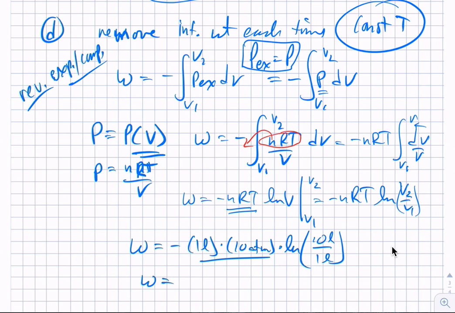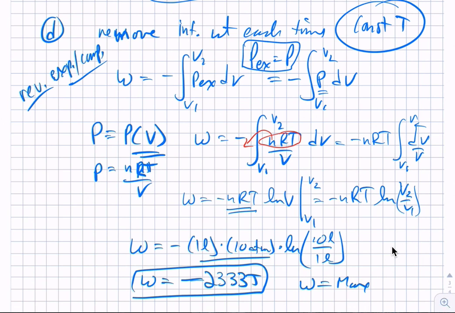And the work we get when we do this calculation is minus 2,333 joules. This is the maximum work you can get out of an expansion of a gas in a cylinder like this. So work is the maximum.